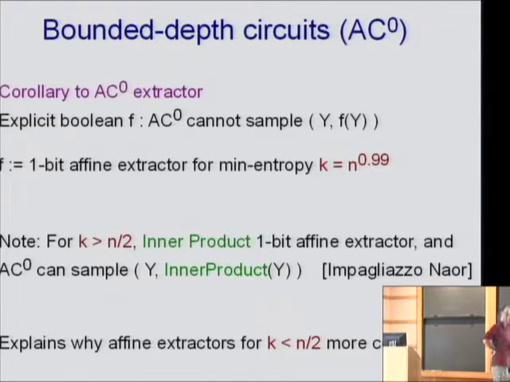That's the first example that people give. And it's possible to see that AC0 can sample y, inner product of y. It was shown by Russell, building on this result by Babai that I mentioned in the second slide. You can take this maybe as an explanation of why affine extractors, when the entropy goes small, are more complicated. You can't even sample them in AC0.